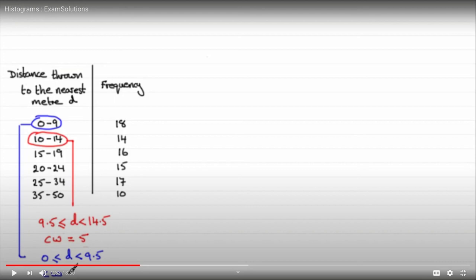If something is below 5, you round down. If something is greater than 5, you round up. Does that make sense? Okay, that's exactly what it is, because remember, you've got to go back to what we're doing. We're talking about frequencies, and frequencies are not measured in decimals or fractions. They're whole numbers.